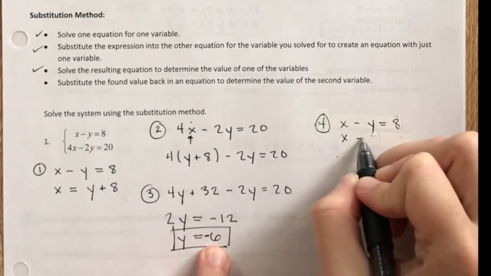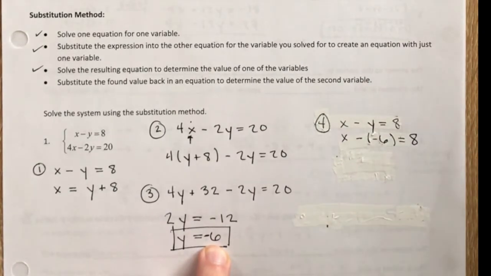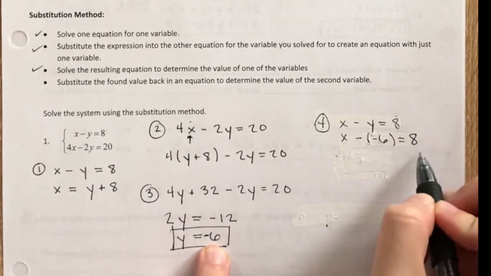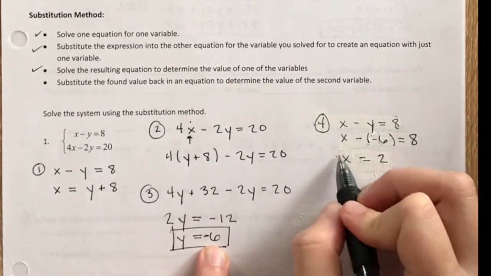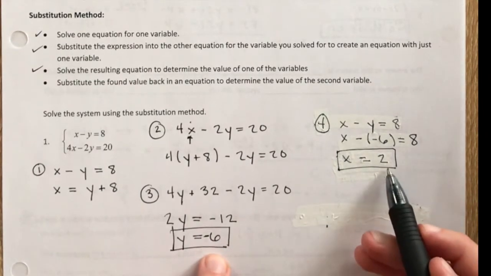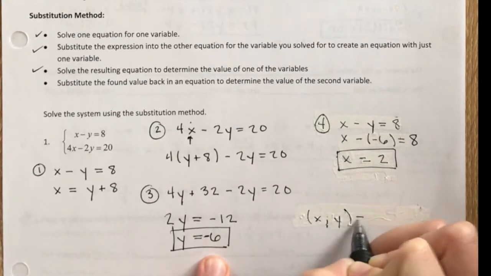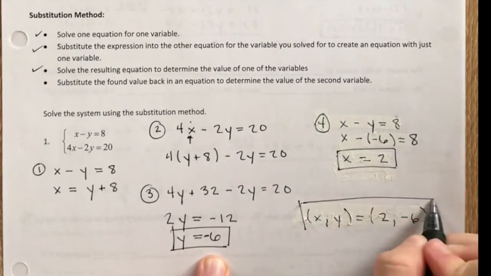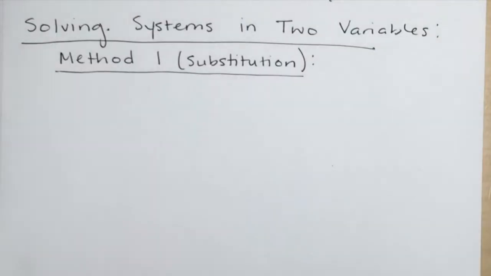We know that y is negative 6, so x minus negative 6 equals 8. So that's x plus 6 equals 8, so subtracting 6 from both sides, x equals 2. And that is our value for x. Great, so we know that x equals 2, y equals negative 6, so our solution (x, y) is (2, negative 6). Okay, let's do a couple other examples.